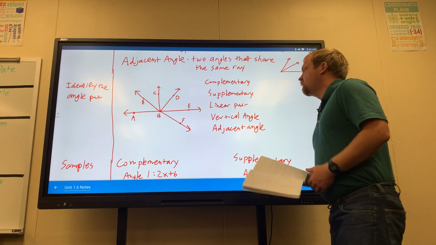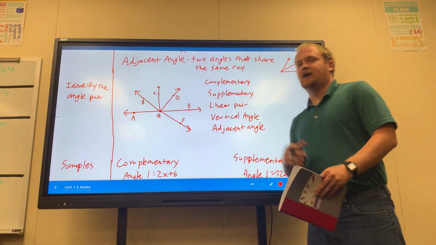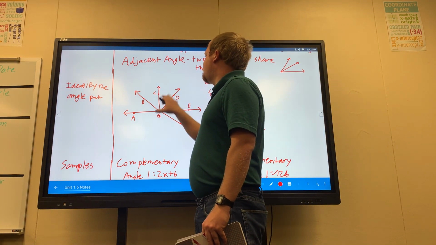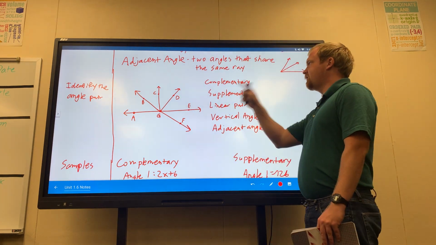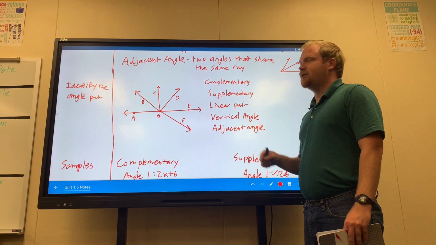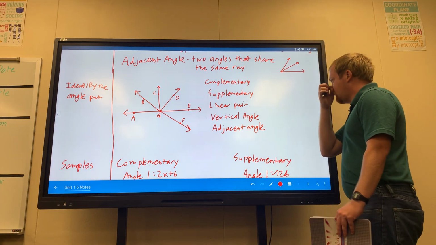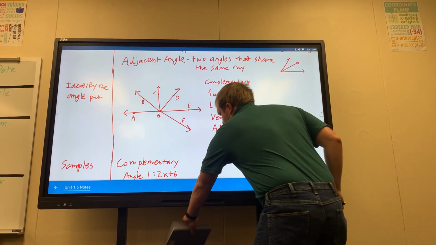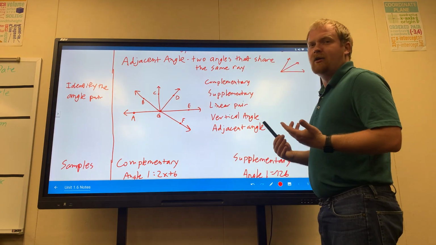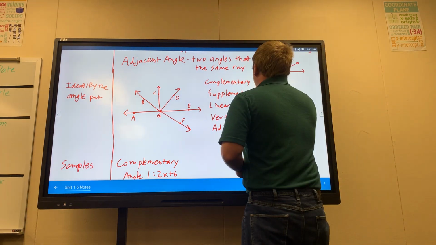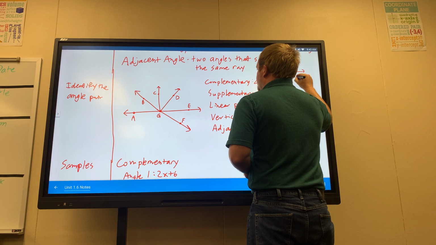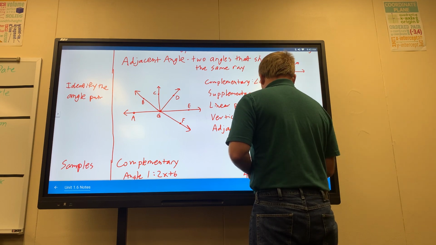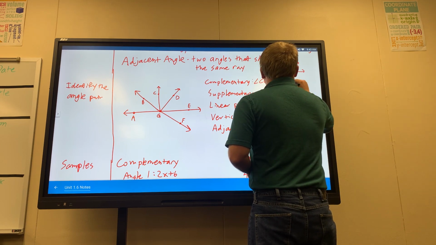Now, next thing we're going to talk about is identifying them, as far as being able to look at this and say, well, there's a right angle, there's a complementary angle, there's a supplementary angle, so on and so forth. So one sample of a pair of complementary angles is angle CGD and angle DGE.